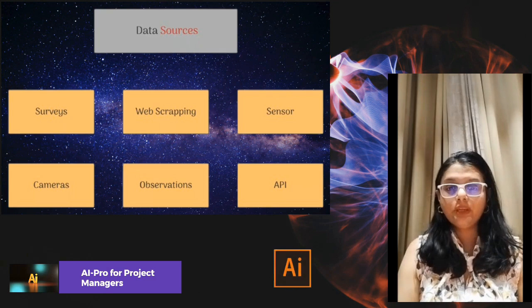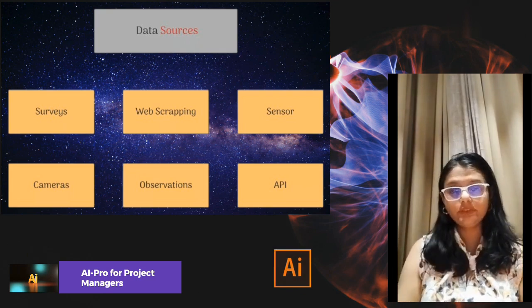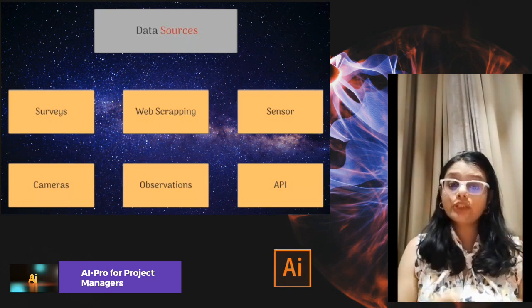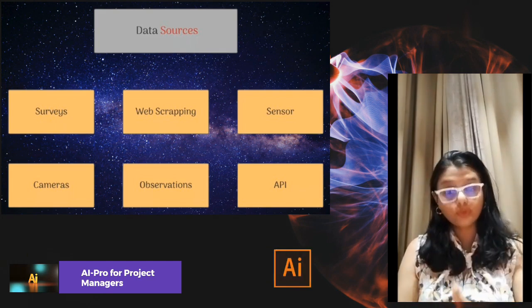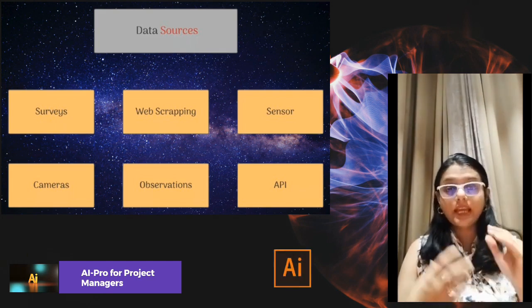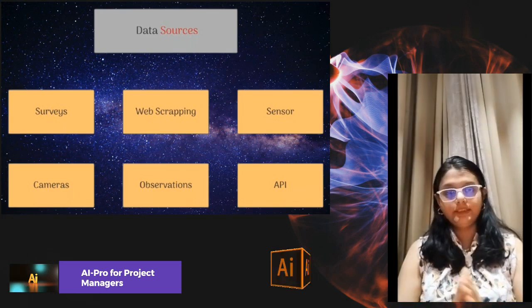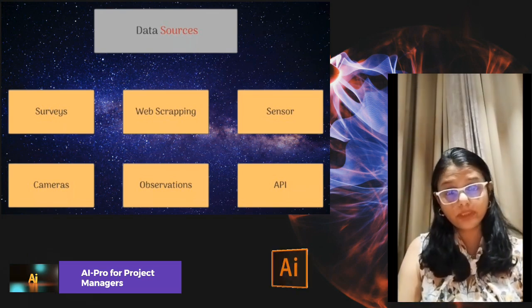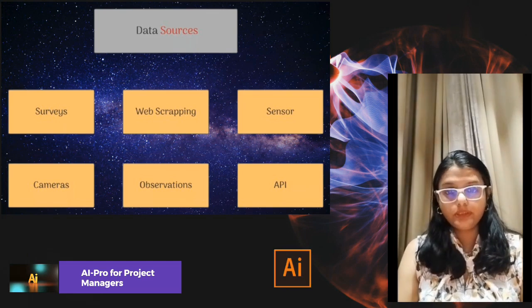Next is camera. Whenever we are using a CCTV footage, you can get raw information in the form of photos, videos, clips. That information you can use for further analysis. That is the information from the cameras. Observations.